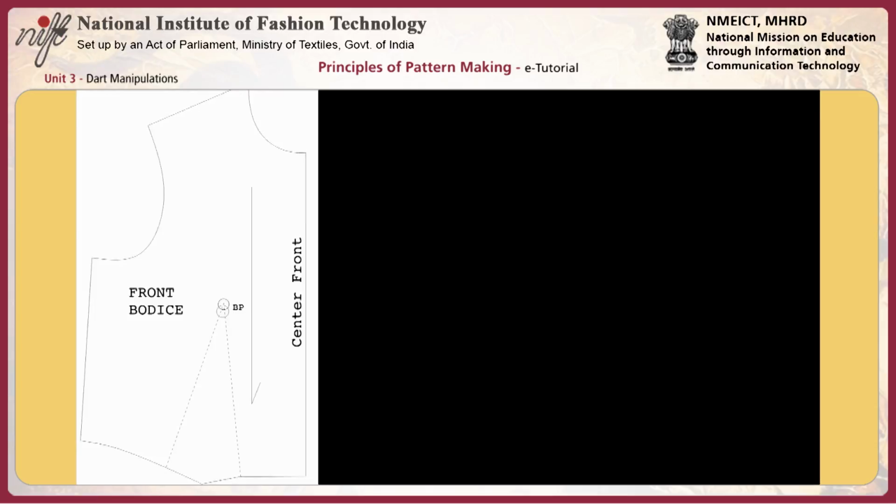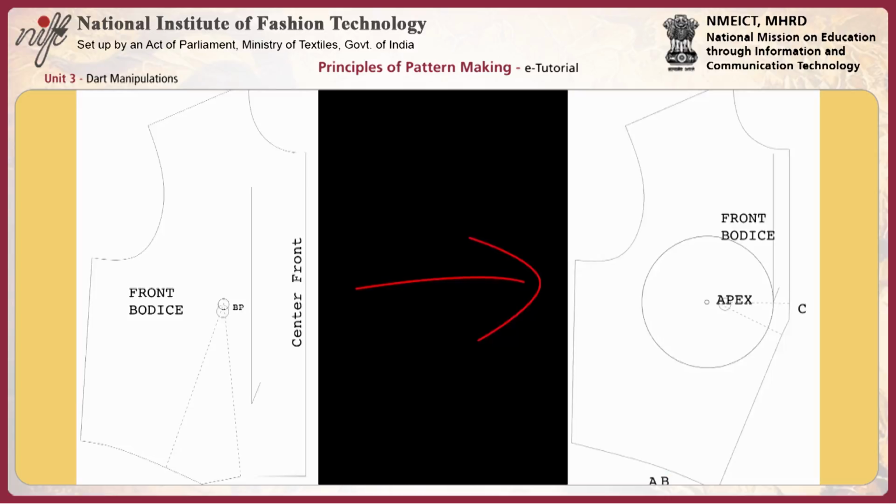Download the start and final patterns from the download section. Now, according to the given instructions, develop a horizontal center front bustline dart from the basic block. Check the final pattern after transferring dots against the downloaded final pattern.